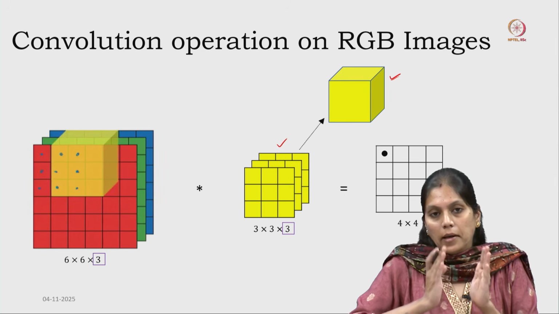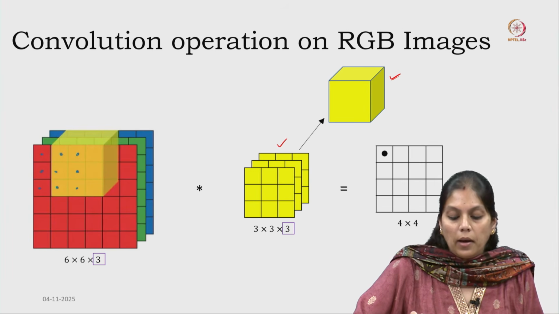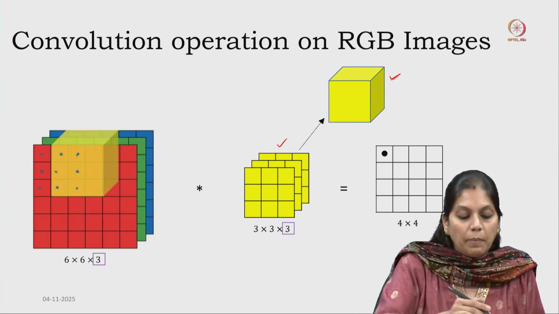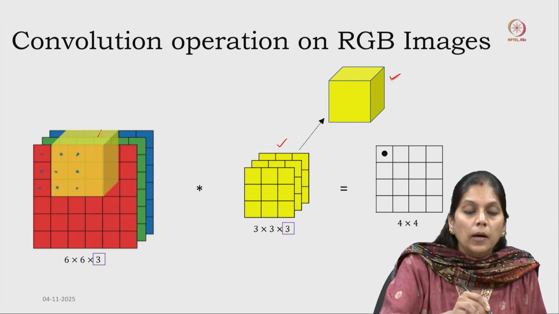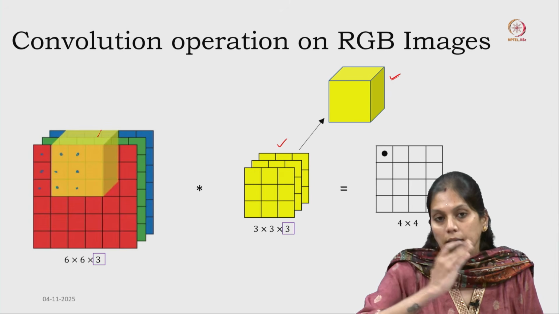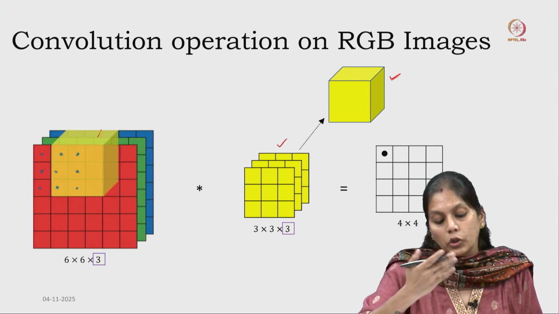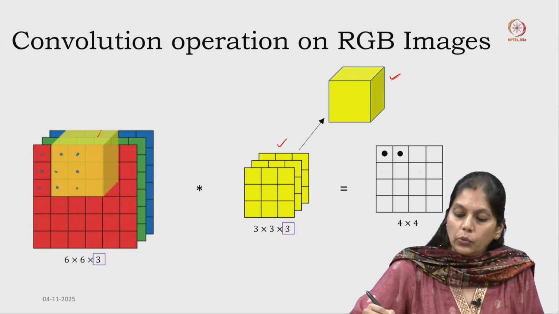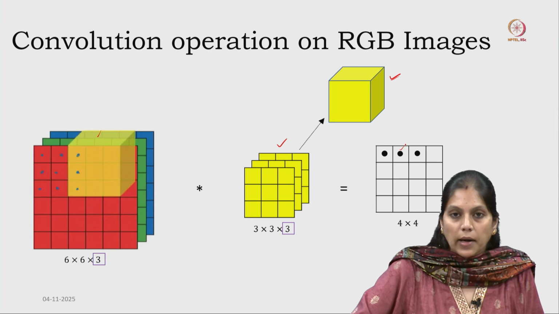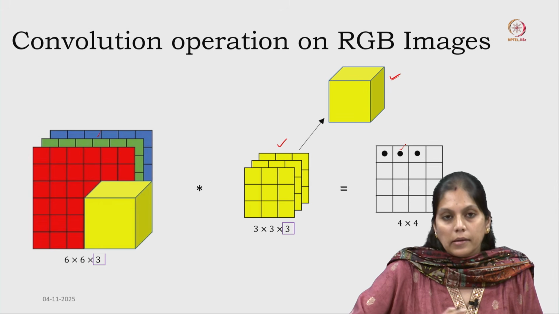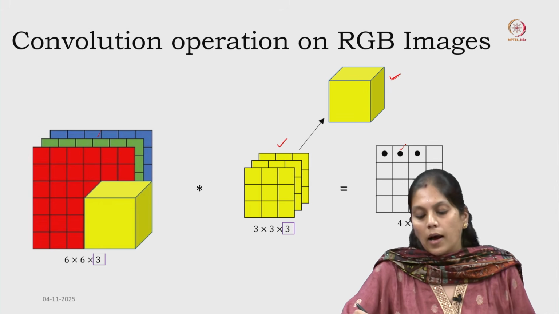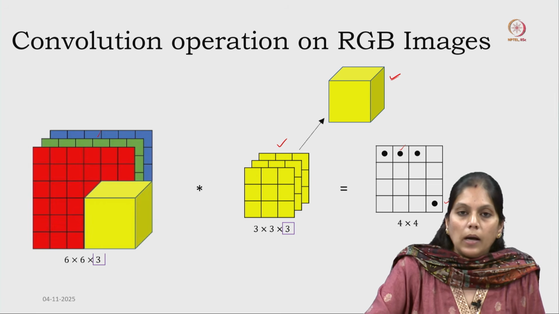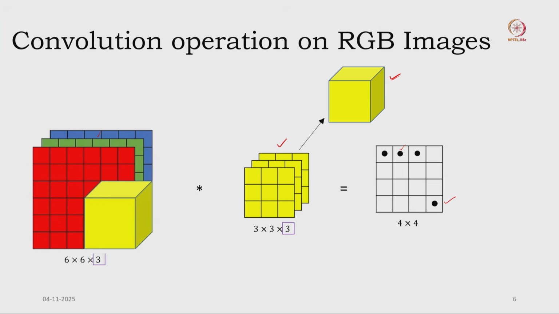Then you consider the next part and again multiply it with the elements. The yellow part you are seeing here is a kernel and its respective elements of the image. You again perform a convolution and get this value, and you stride, and you get this value, and so on. You repeat this entire process and then you get the last value here. So, this is how the convolution operation is performed on RGB images.